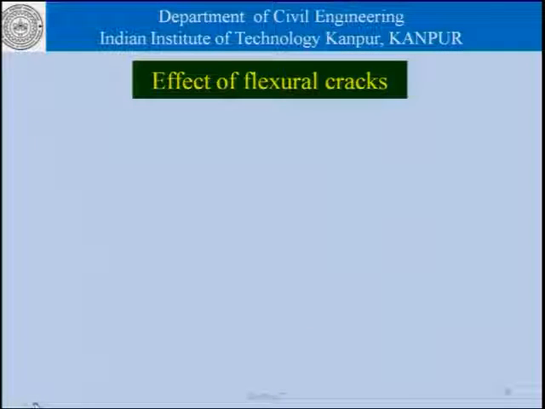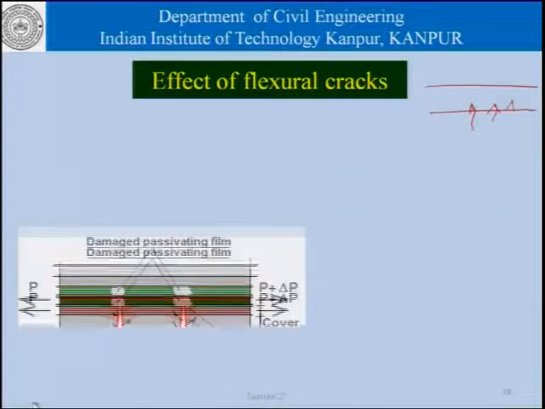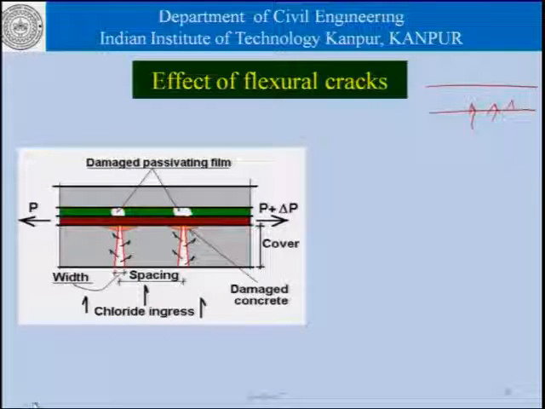We must also try to look at the effect of flexural cracks. When we have a concrete beam, we also have sometimes some flexural cracks in the beam, and these flexural cracks promote faster chloride penetration into concrete, and whether or how these flexural cracks affect the chloride penetration is something which an engineer should be aware of, and this is what we are looking at.